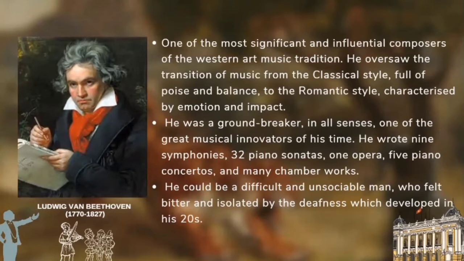He was a groundbreaker in all senses, one of the great musical innovators of his time. He wrote 9 symphonies, 32 piano sonatas, 1 opera, 5 piano concertos, and many chamber works. He could be a difficult and unsociable man who felt bitter and isolated by the deafness which developed in his 20s.